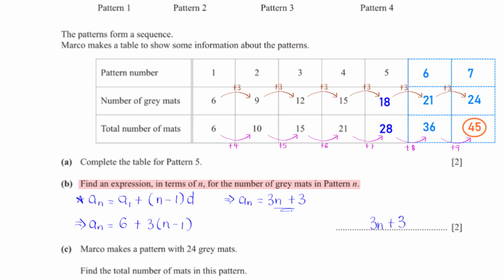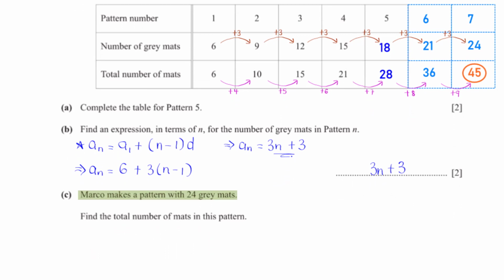Since the number of gray mats are increasing by a constant value, we can use this formula to find the nth term. A1 is the number of gray mats in pattern 1, which is 6, and d is the constant difference, which is 3. When we expand the brackets and simplify, we get 3n plus 3.